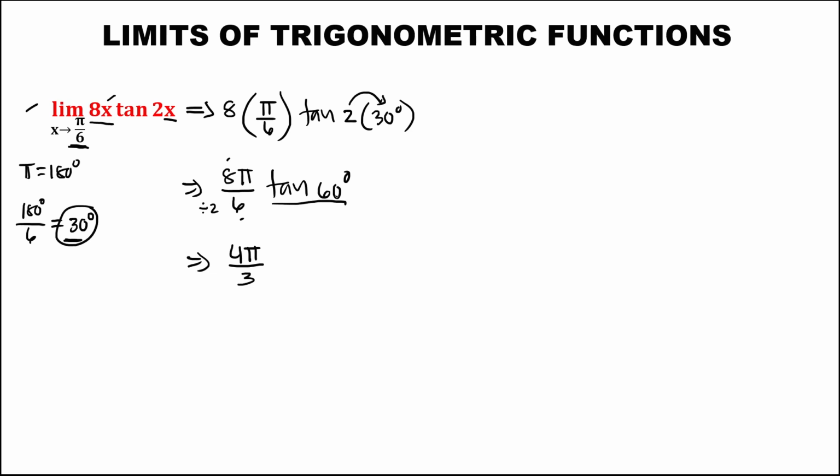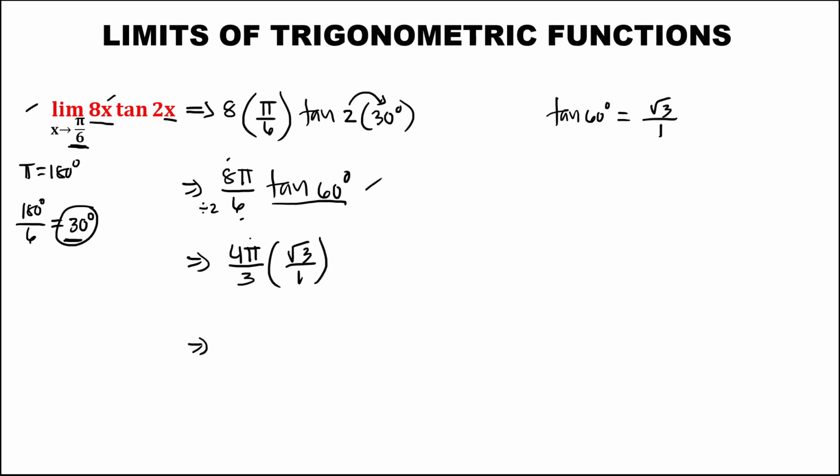And for this tangent 60 degrees, using the special triangles, tangent 60 degrees is equal to square root of 3 over 1. So this is times square root of 3 over 1 for tangent 60 degrees.